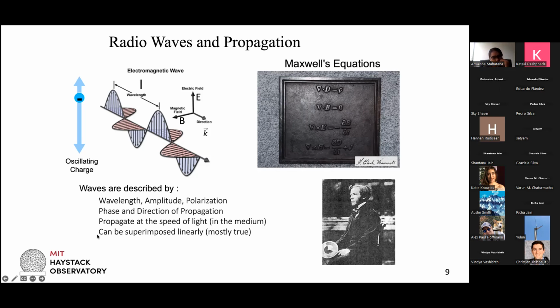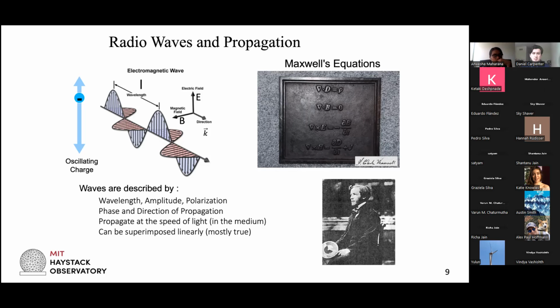If you look at how we describe radio waves, we need to look at amplitude, polarization, wavelength, phase and direction of propagation. They propagate at the speed of light, but actually they don't. We're going to show you that. The index of refraction changes it, and they're not propagating at the speed of light. And typically you can mainly superimpose waves, but.